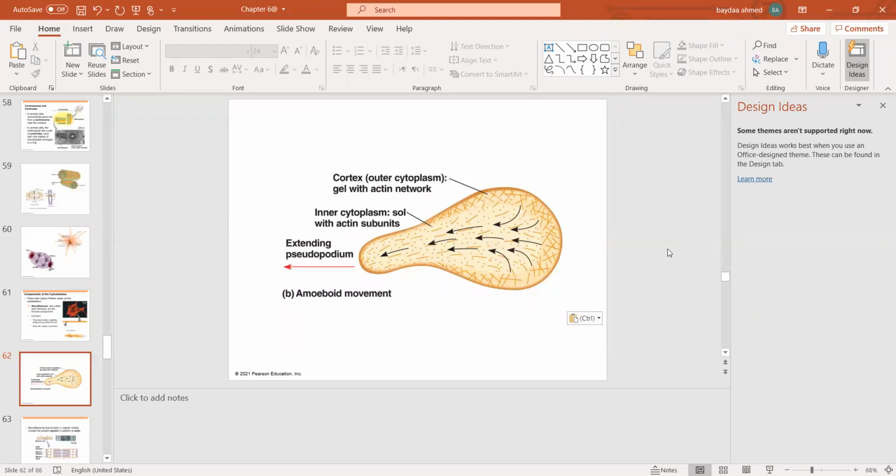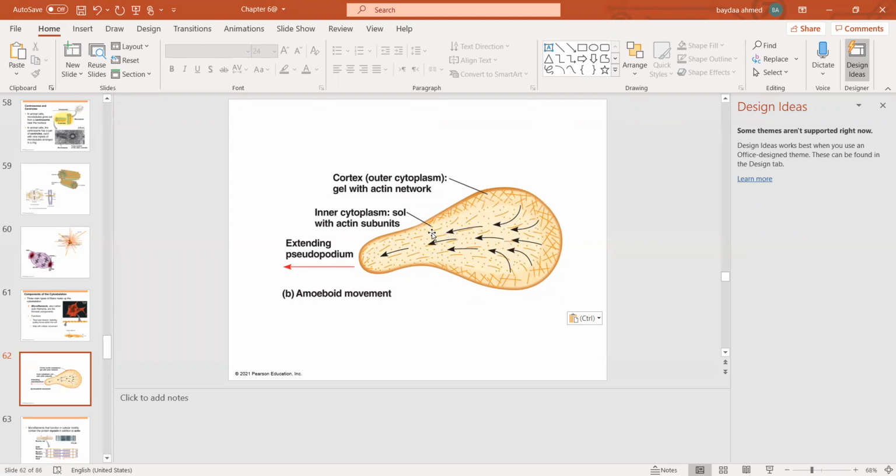As you see here in this amoeba diagram, the microfilaments in the cortex give the semi-solid consistency of a gel, and the inner part of the cytoplasm is more fluid than the cortex.